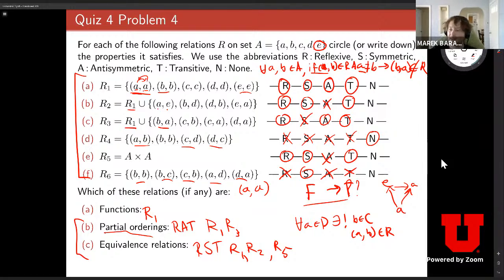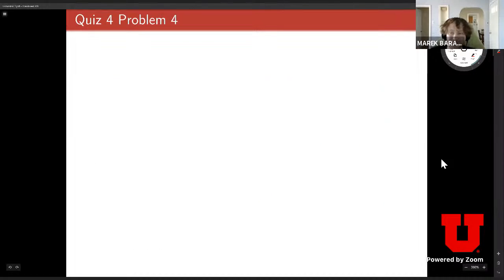Okay. I prefer not to have cascading errors in grading, so the grading rubric does not have cascading. If you miss the union, yes, you will get partial credit. You'll miss half a point if you got S and T. I'm not going to grade your quiz here though.